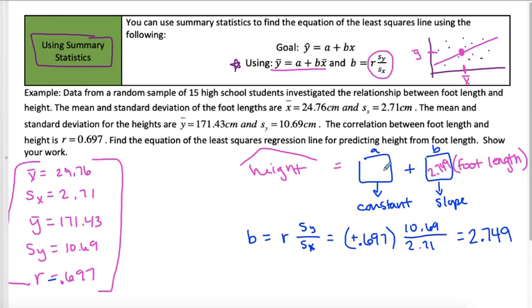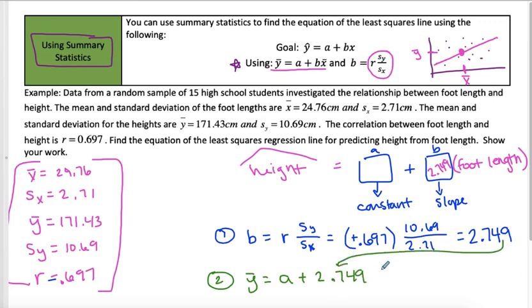But now we need our constant. We've used this piece to find our slope. That's step one. Step two, now we're going to use the averages to find the constant. I still don't know what A is, but now I have a slope, 2.749, times the average of X bar.